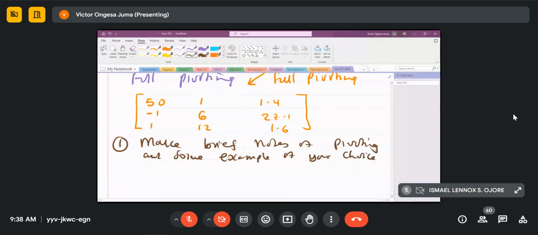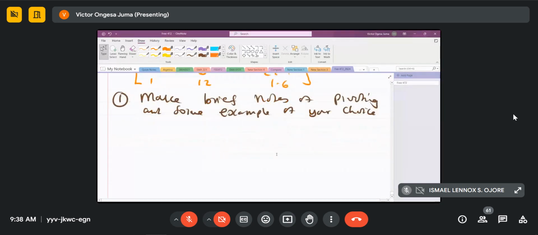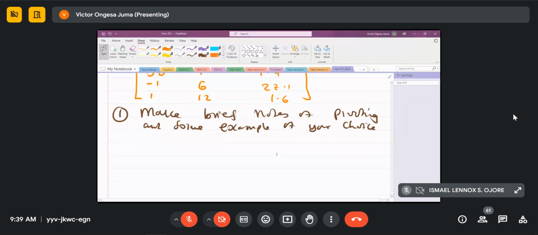Even if you just write it through what I've said, I just want to see if you understand pivoting. Mention what partial pivoting does, what full pivoting does, and then do an example. It is not even something for 1 page. Even if you write just 1 sentence on pivoting and then do an example, that's what I want to see, that you understand.